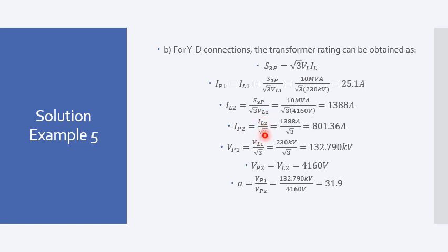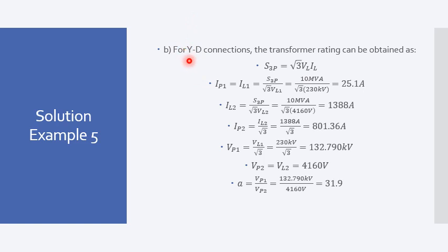The line current divided by √3 gives the phase current for the secondary winding, which is 801.36 A.